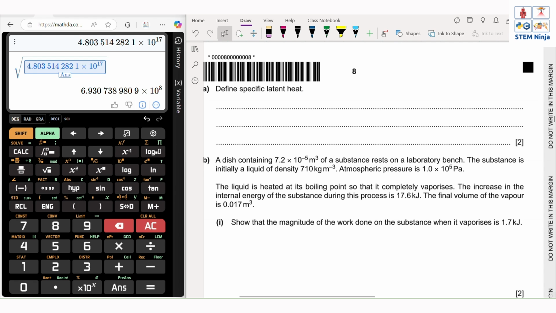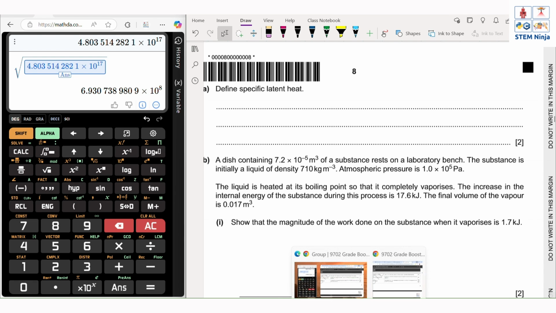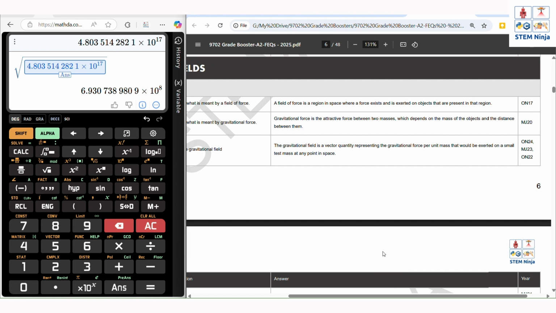Specific latent heat. Specific latent heat is also a very easy definition. That is just the energy required to change the state of a substance at constant temperature.